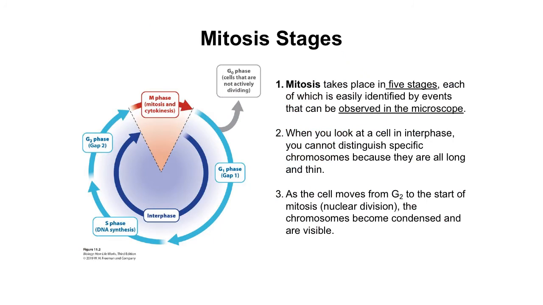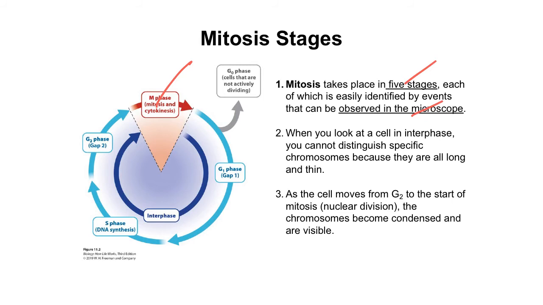Okay, so now we are ready to look at M phase, involving mitosis and cytokinesis. Mitosis takes place in 5 stages, each of which is easily identified by events that can be observed under the microscope. When you look at cells in interphase, you cannot distinguish specific chromosomes because they are all long and thin, in the form of what we call chromatin.